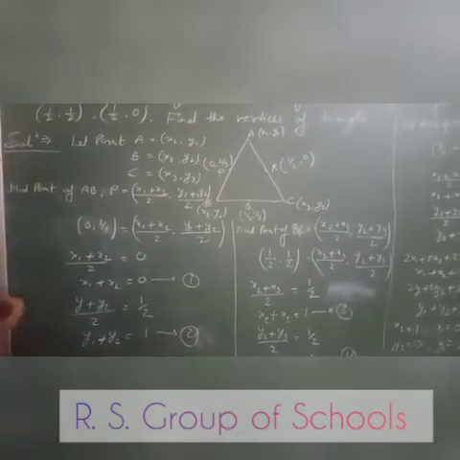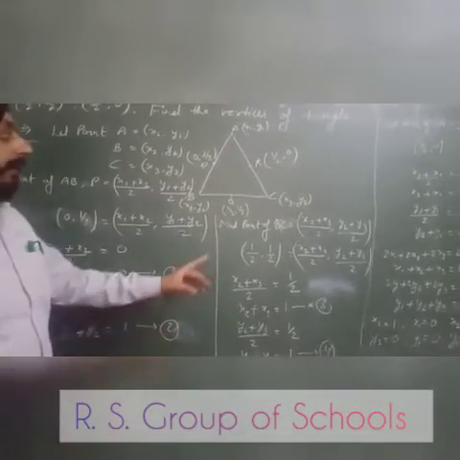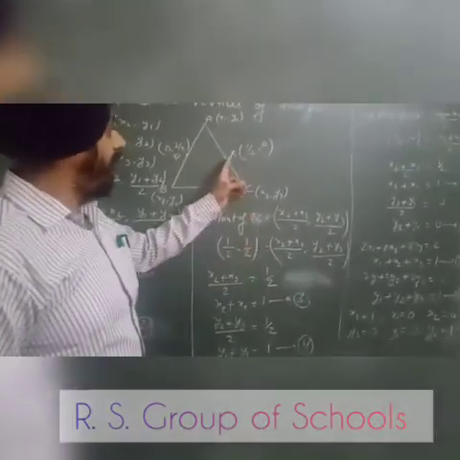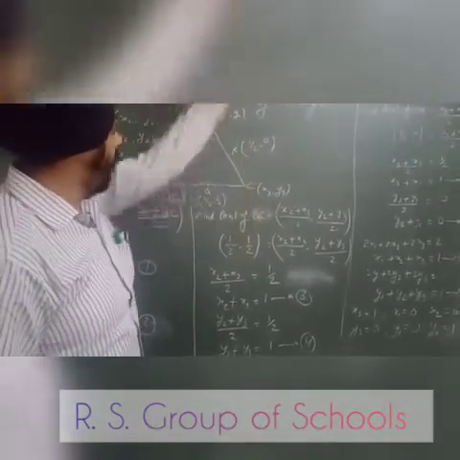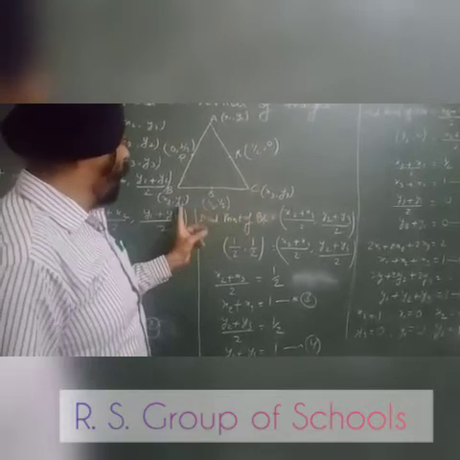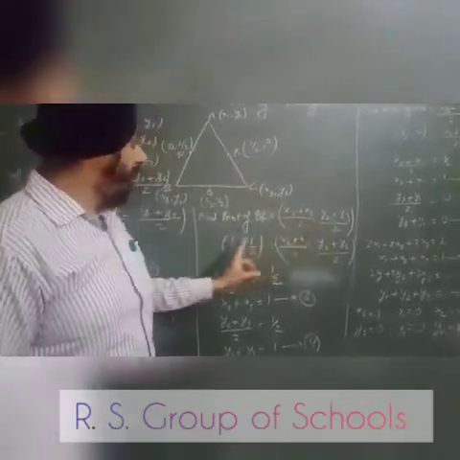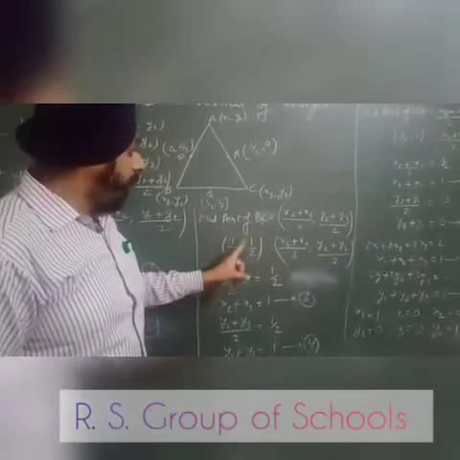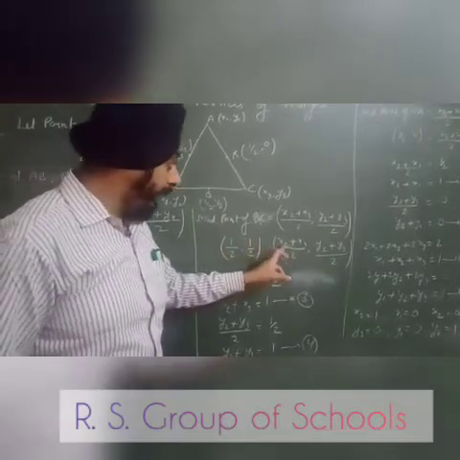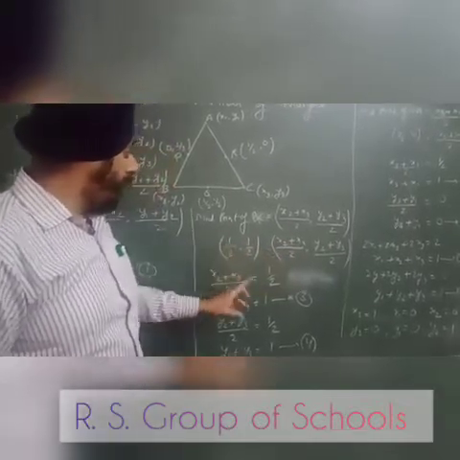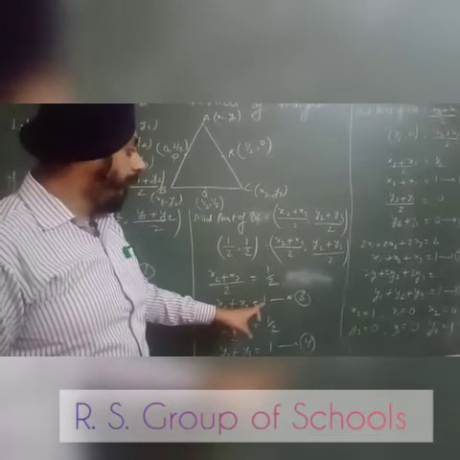Now in this way we take the other midpoints of the sides. The midpoint of BC is ((x2 + x3)/2, (y2 + y3)/2), and point Q is (1/2, 1/2). We take (x2 + x3)/2 = 1/2, then x2 + x3 = 1.